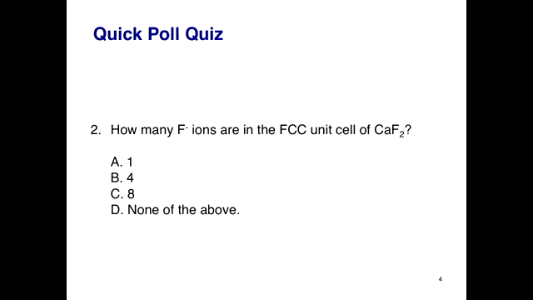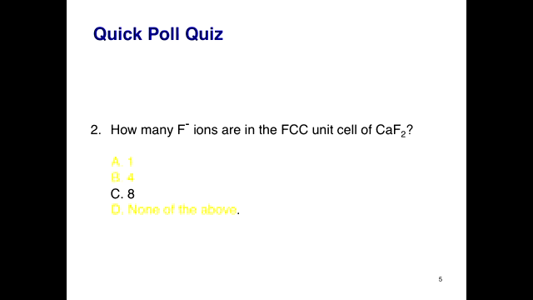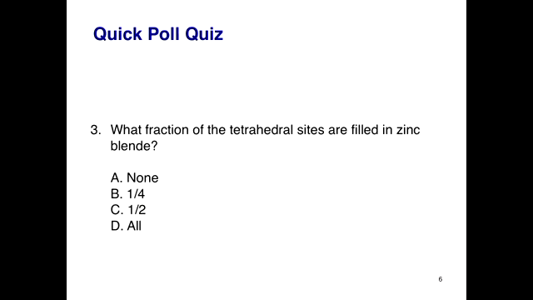And now each cubelet has got a fluoride ion at the centre. Those fluorides are completely inside the 1 unit cell. So 8 is the answer there. The most popular answer is C, and quite a few more people got that right after I told them the answer, which is good. Answer is C.